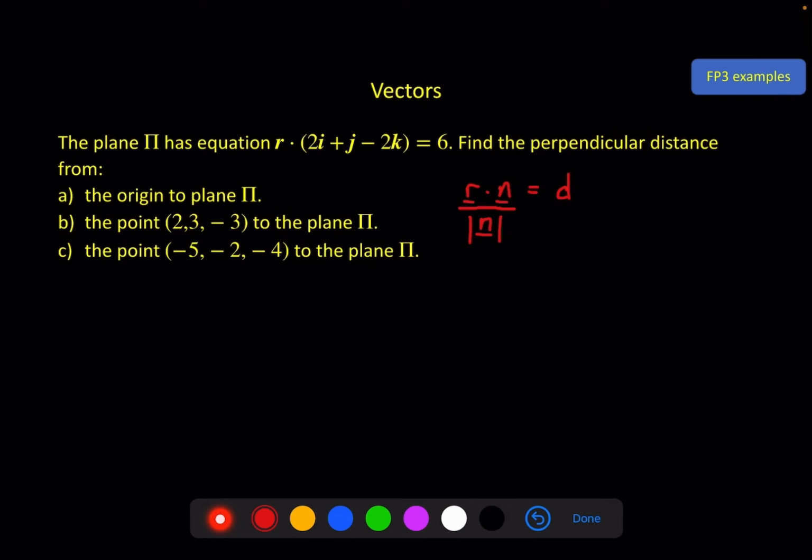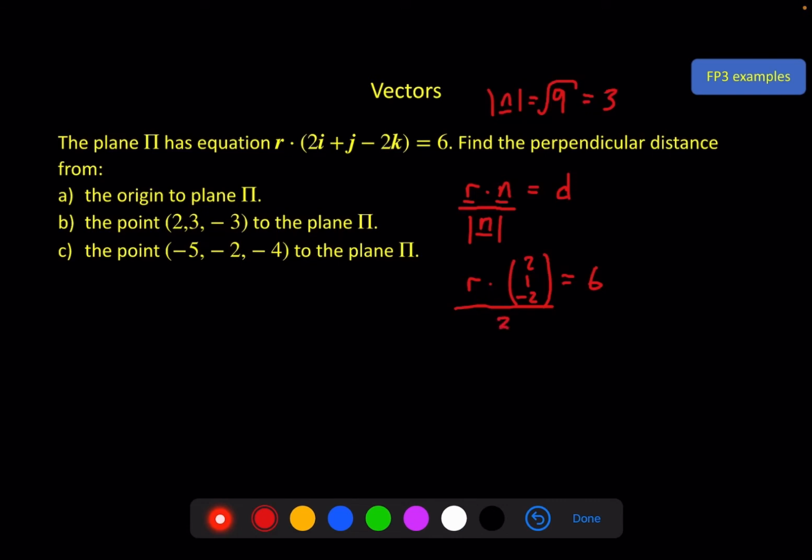And we already have r.n. We have r.(2, 1, -2) equals 6, that's the p. But if I divide that by the magnitude of n, which in this case is 2 squared plus 1 squared plus 2 squared, that's 9, the square root of 9, a nice easy 3.